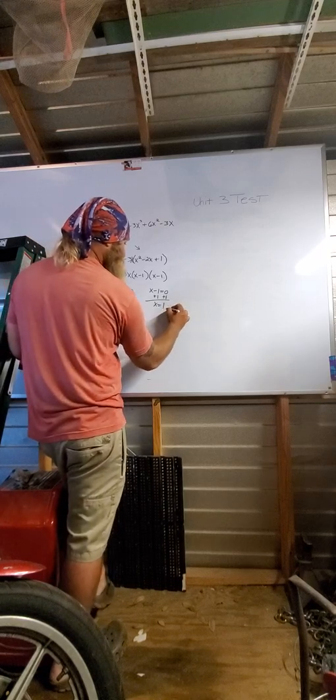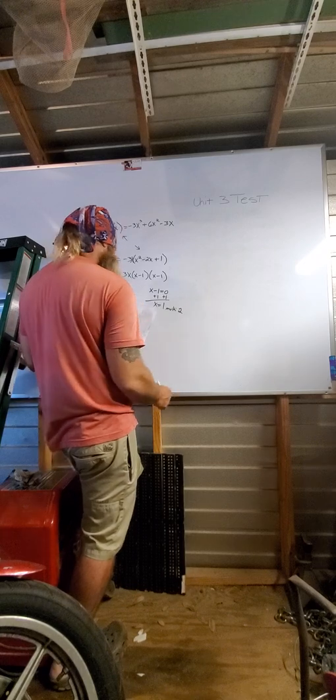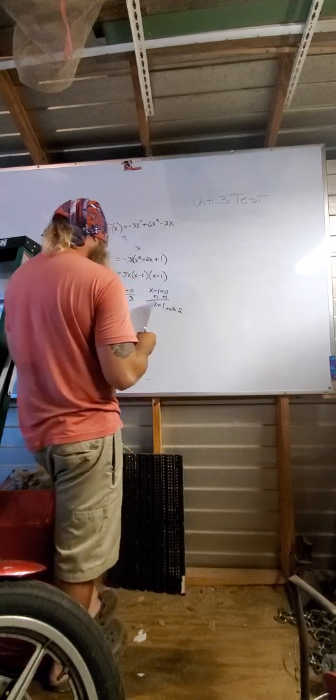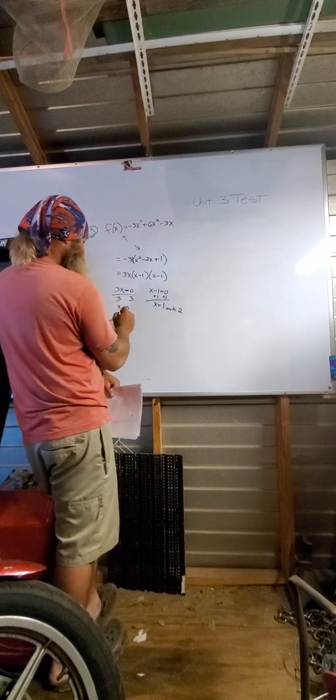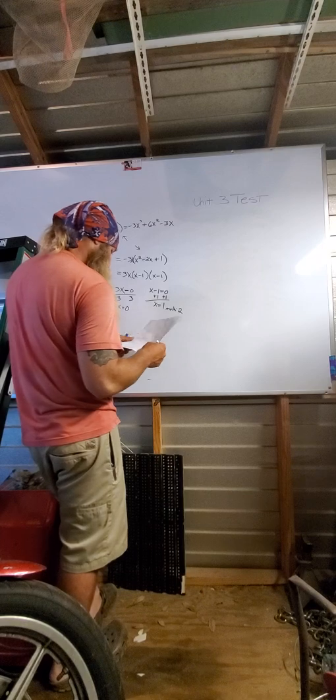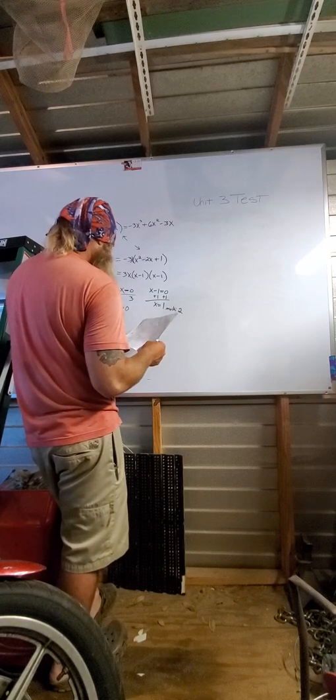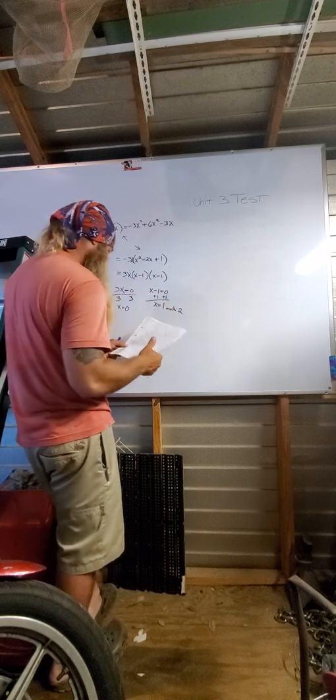So we have a multiplicity of 2. And those are our zeros. 0 and 1 with multiplicity 2 are our zeros, because we have 2 of these.